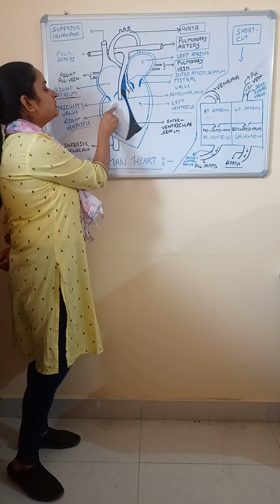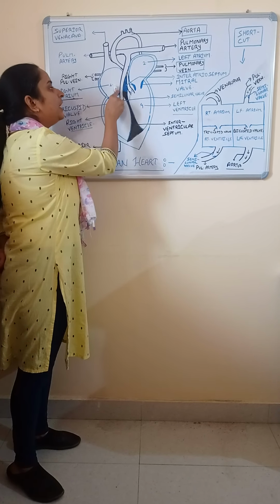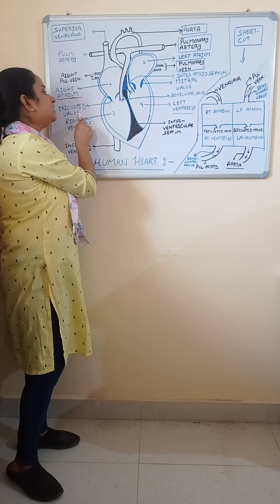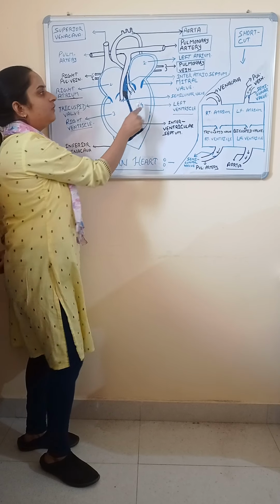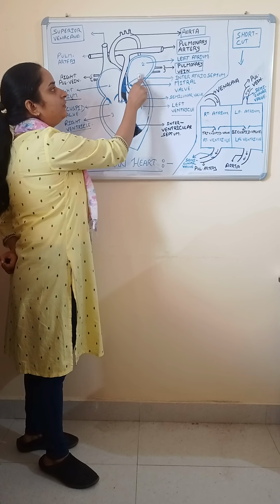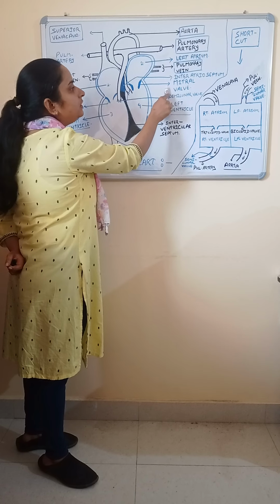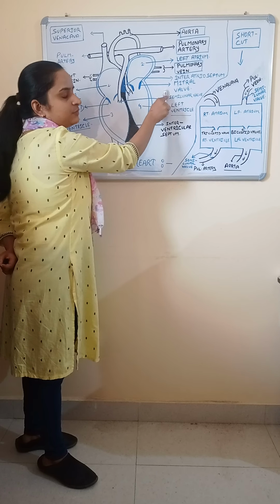The valve between the right atrium and right ventricle is named the tricuspid valve, and the valve between the left atrium and left ventricle is known as the mitral valve or bicuspid valve.